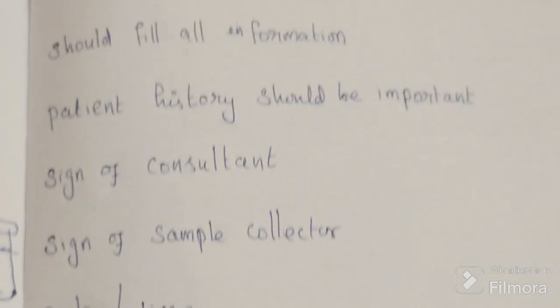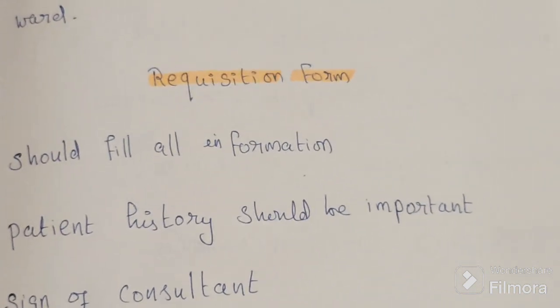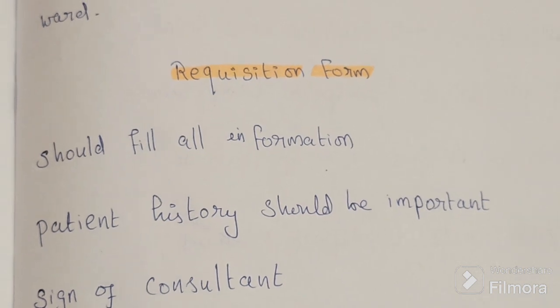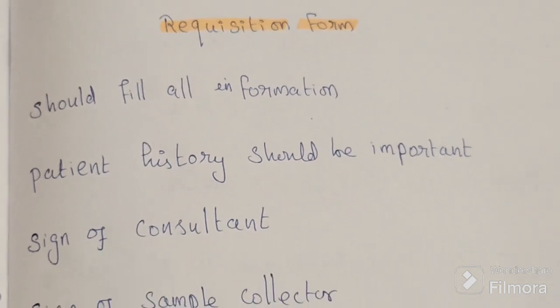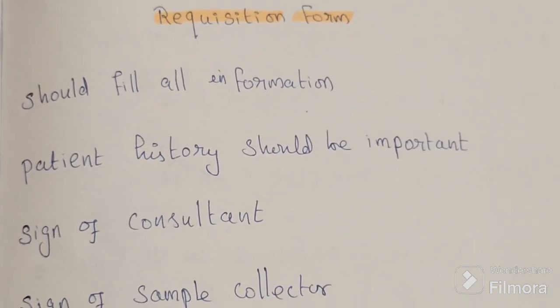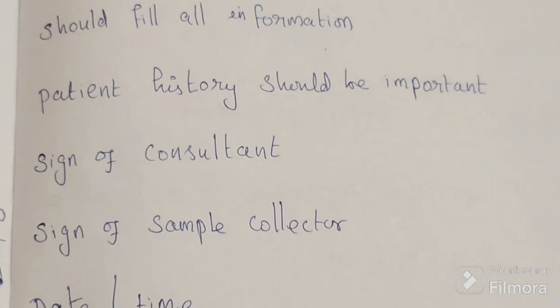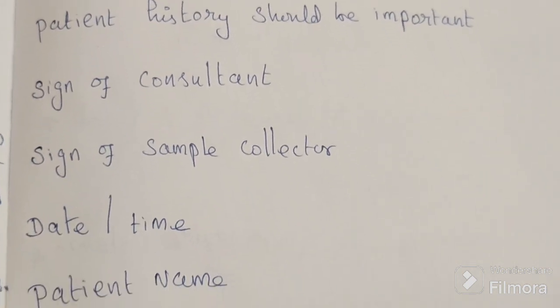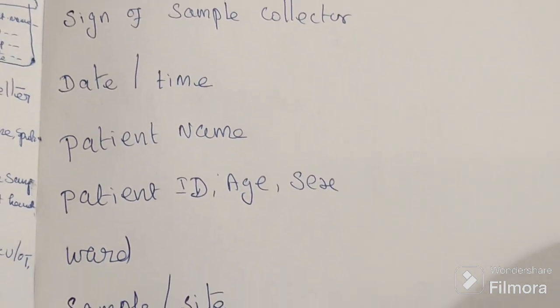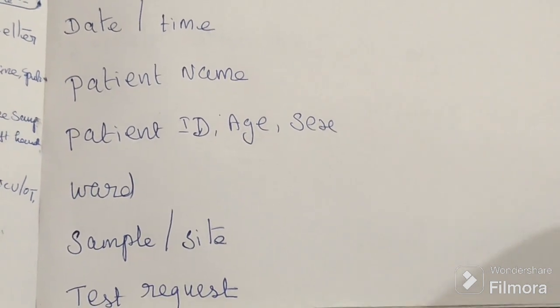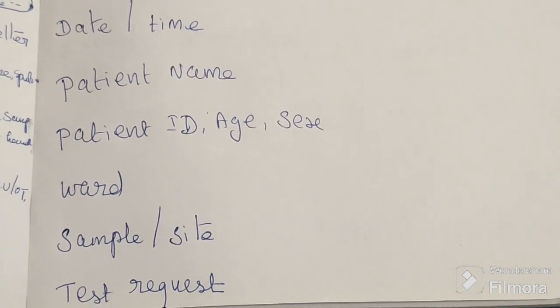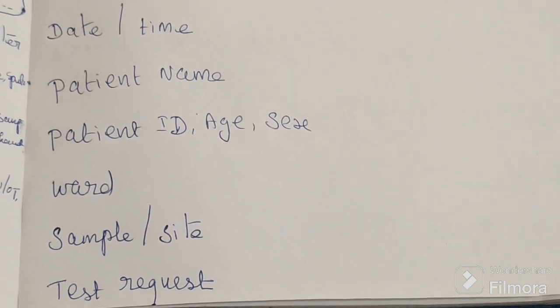All the things are mentioned in this requisition form. The requisition form is an important one. We should fill in all the information. Patient history is the important one: sign of consultant, sign of sample collector, date, patient name, ID, age, sex, ward, samples, which site we want to collect from, then test request.